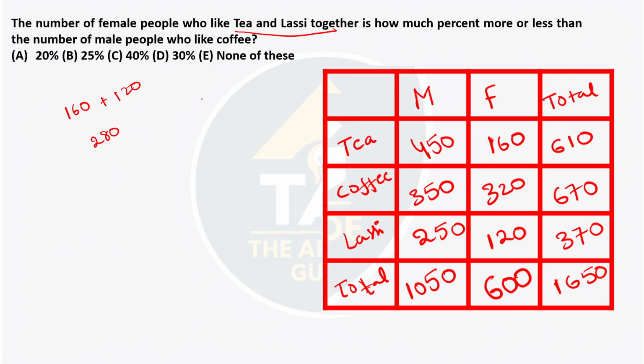So male people who like coffee is 350. So 280 is how much more or less than 350. That's been compared with male coffee, so male coffee should be the denominator. As it's more or less, we need to find the difference between these two. So it's 70. That has to be the numerator multiplied by 100. 70 times 5 is 350. So it's 20 percentage, 1/5.